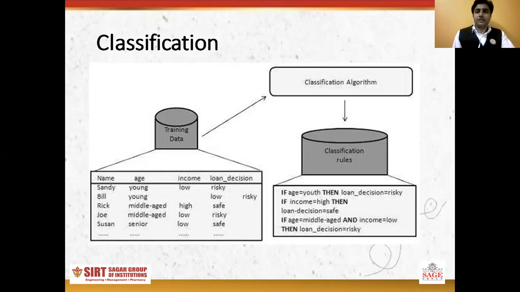If somebody is only 24 years old and has a salary of 70,000 rupees per month, any loan company can easily finance that particular customer. Why?